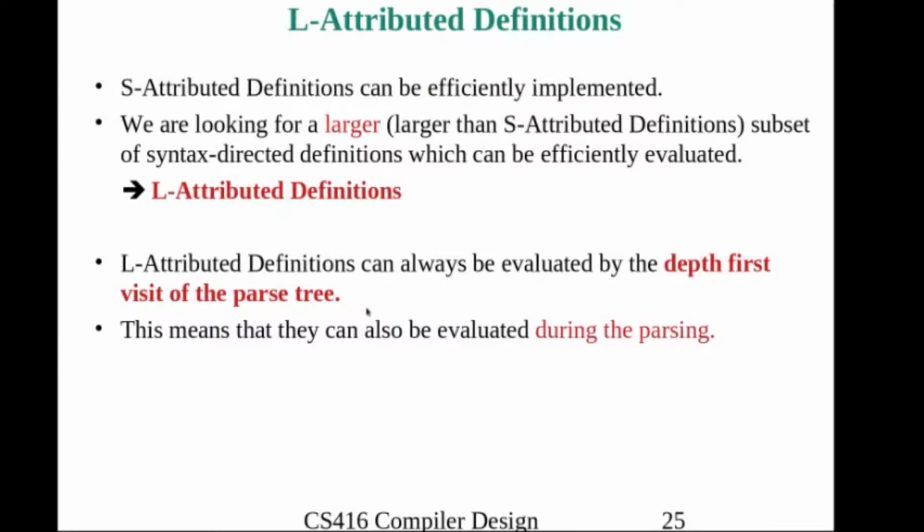Once we construct the parse tree and perform the depth first search, the visiting or processing of the node may be either pre-order or post-order. If you are performing post-order traversal, then you can evaluate semantic rules. If you are performing pre-order traversal, then also we can evaluate semantic rules. This means it can always be evaluated during parsing. That is, L attribute definition we can evaluate with the help of depth first search during the parsing.